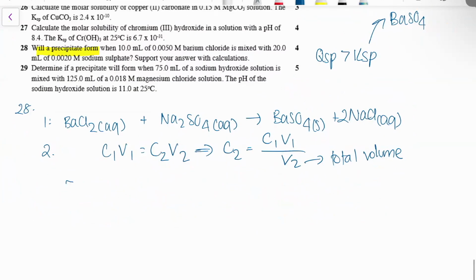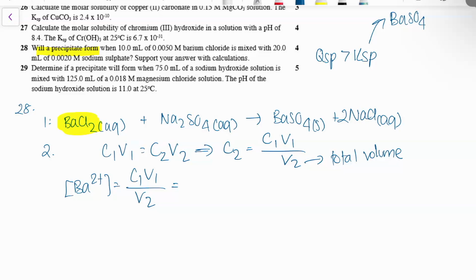So concentration of Ba2+, C1V1 on V2. Once again, they actually haven't given you the concentration of just the barium. They've given you the concentration of the barium chloride. So we want to check if it's a 1-to-1 ratio or if we have to multiply by anything. How many bariums in barium chloride?